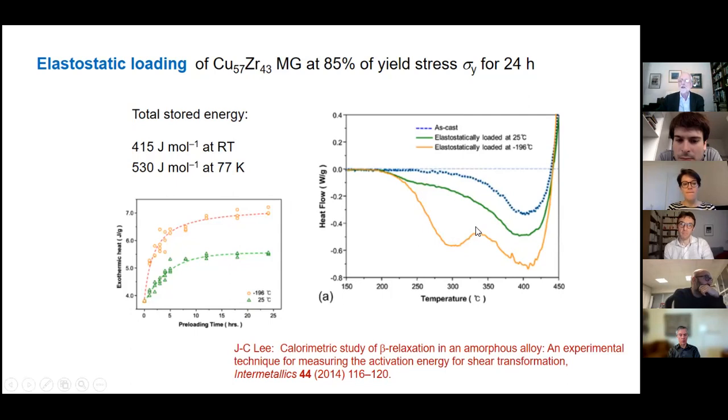So it's obviously not to do with the amount of flow, because insofar as you do have flow at all, you obviously have less flow at liquid nitrogen temperature than you do at room temperature, less creep. So you have an energy storage mechanism, apparently within the elastic regime. There's a tiny amount of creep of these samples. There is a tiny strain.